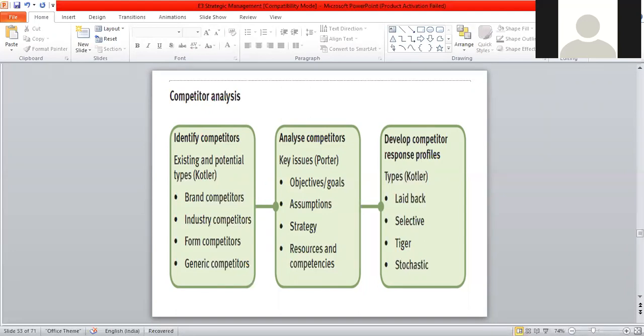The first one is laid back. What is laid back? Any idea what is laid back? They don't take any action.